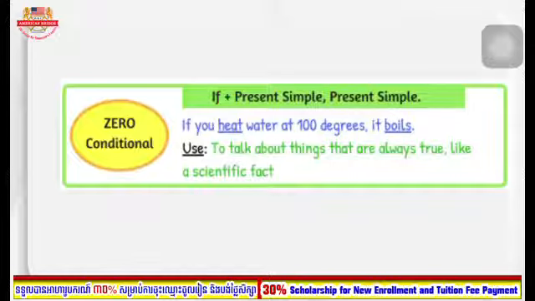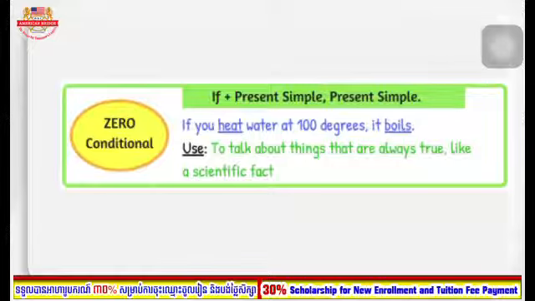Example: if you heat water at 100 degrees, it boils. It is used to talk about things that are always true, like a scientific fact. Let's see again: if you heat water at 100 degrees, it will burst.